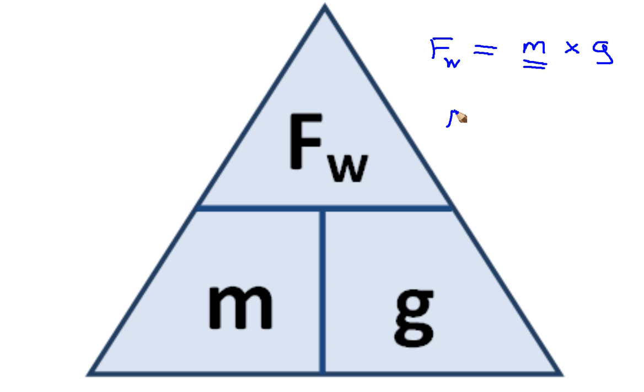So your weight force, if you were, for instance, 60 kg, would be 60 times 10. So on Earth we can use this value 10. It's actually 9.8 something, but we can use the value 10. And you'll actually find on the front of your exam book it'll say g is equal to 10 along with your formulas somewhere. So if you're 60 kilos, your weight force is 600 newtons.